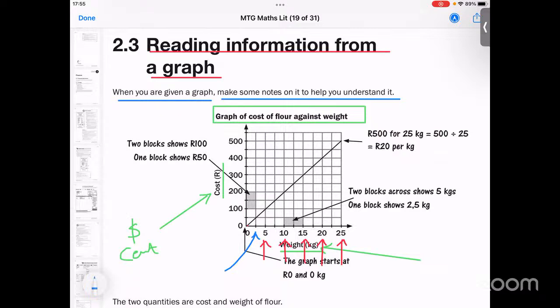Very, very much important. So now we can make a conclusion that 2 blocks across show 5 kgs. In other words, 1 block represents 2,5 kg.